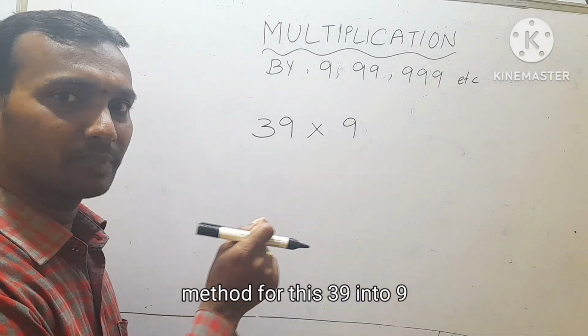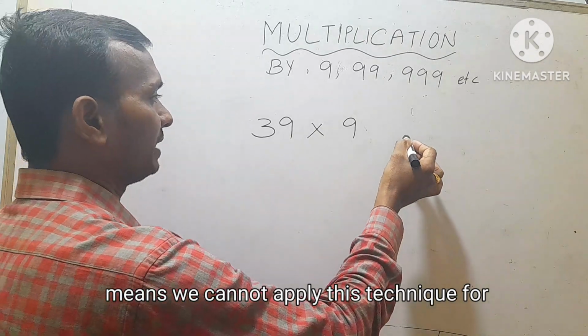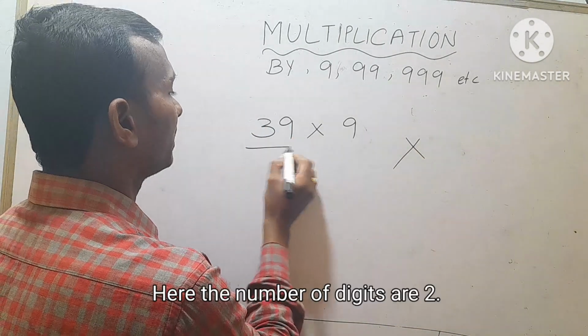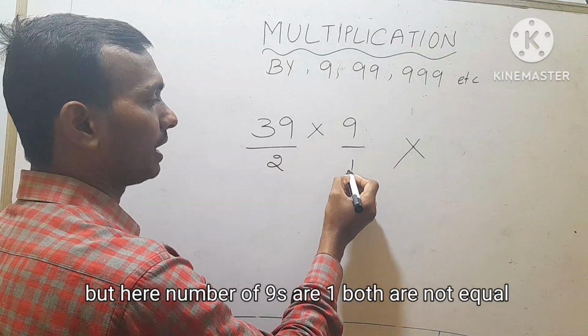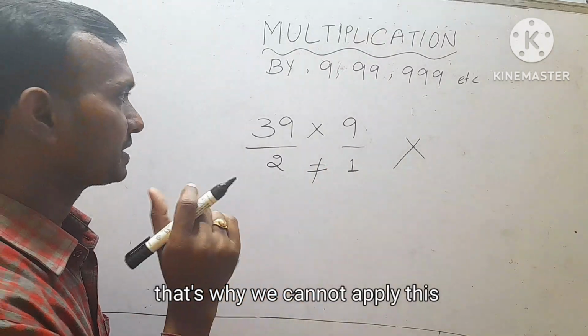Can we apply this method for 39 into 9? We cannot apply this technique for 39 into 9. Why? Because here the number of digits is 2, but here the number of 9s is 1. Both are not equal. That's why we cannot apply this method.